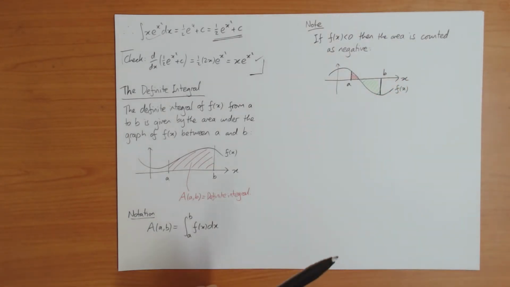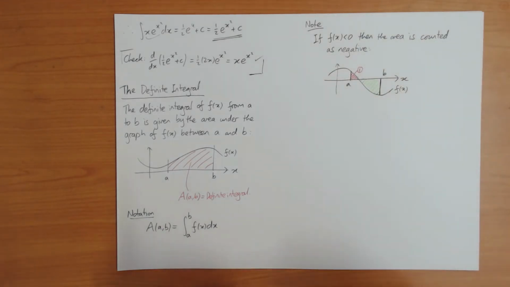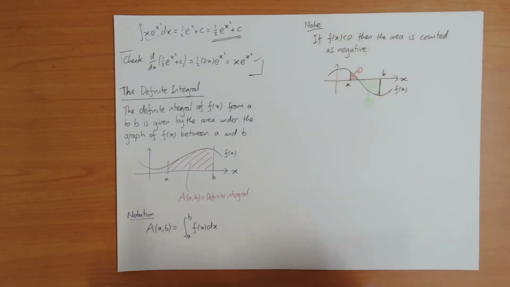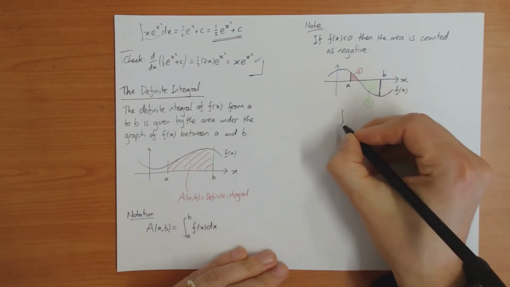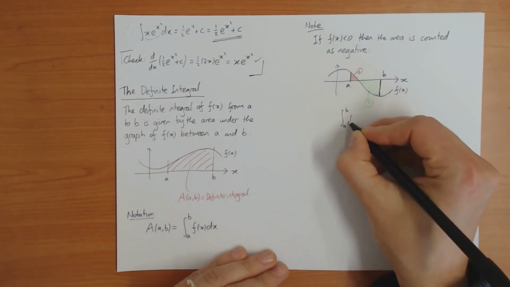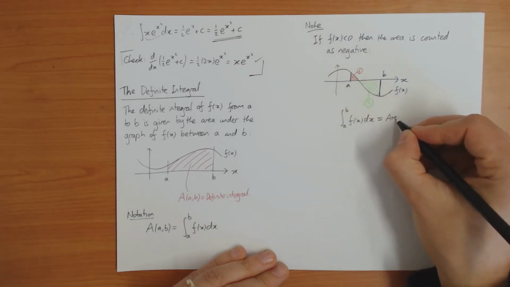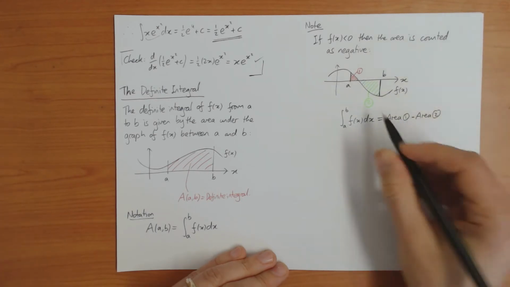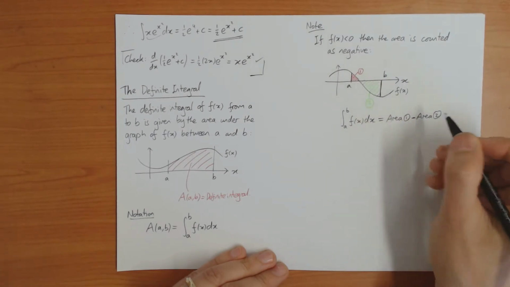So if I call this one area number 1, and I call this one area number 2, can you see that okay? Then the integral, the area from a to b of f of x dx is defined as equal to the area number 1 minus the area number 2. In other words, the area where f is negative is counted with a minus sign.